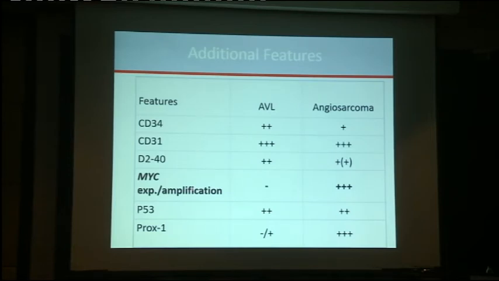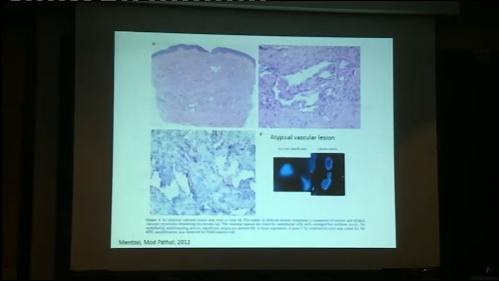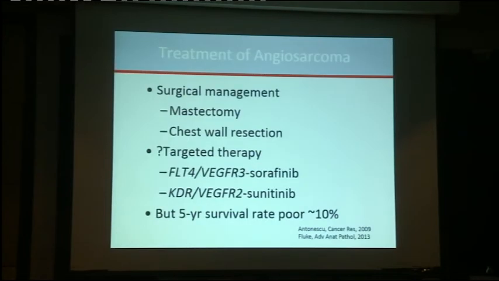This is what I personally use in clinical practice, MYC amplification. This is a report published a couple of years ago, and both protein expression and gene amplification are the most reliable method to separate these lesions.